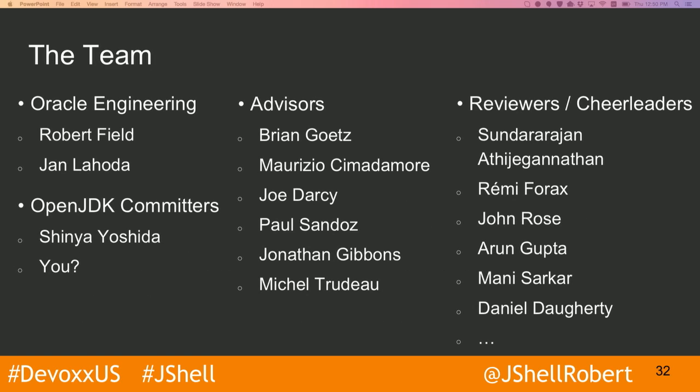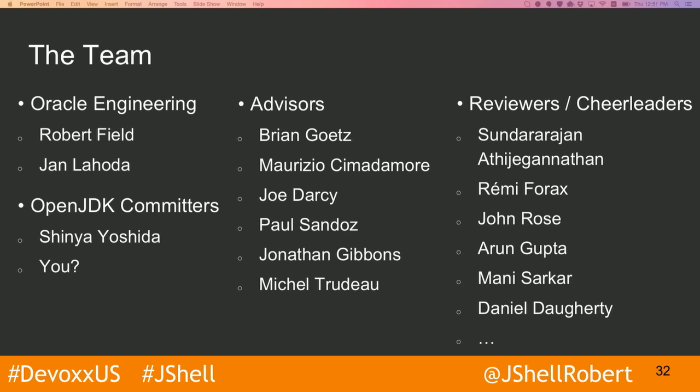So the engineering team is myself, Robert Field, Jan Lahoda, and JDK 9 committers, of which currently there's only one, Shinya Yoshida. And we're definitely very into the open source thing, so if you want to be a contributor on this, we'd be happy. We're probably talking about releases after JDK 9 at this point.